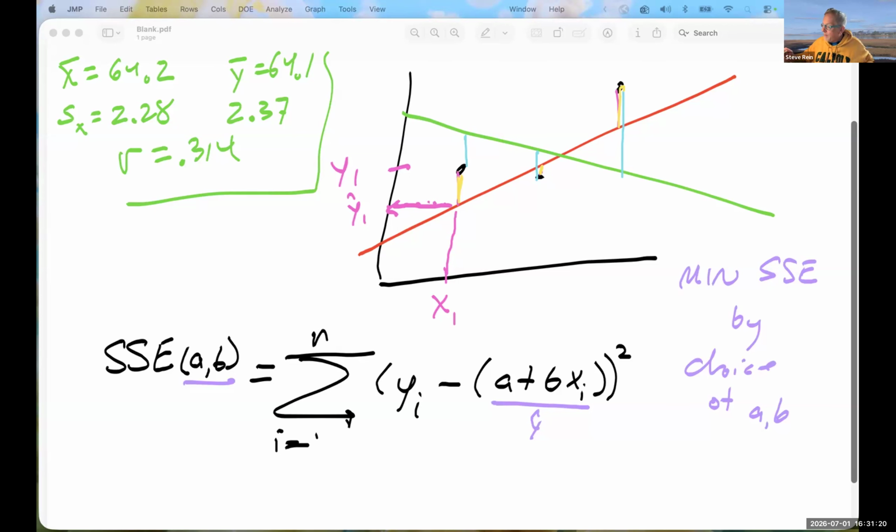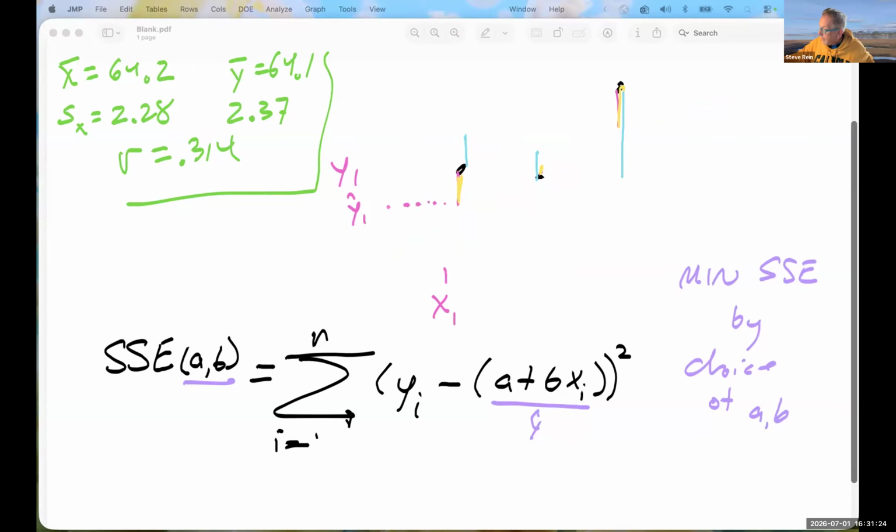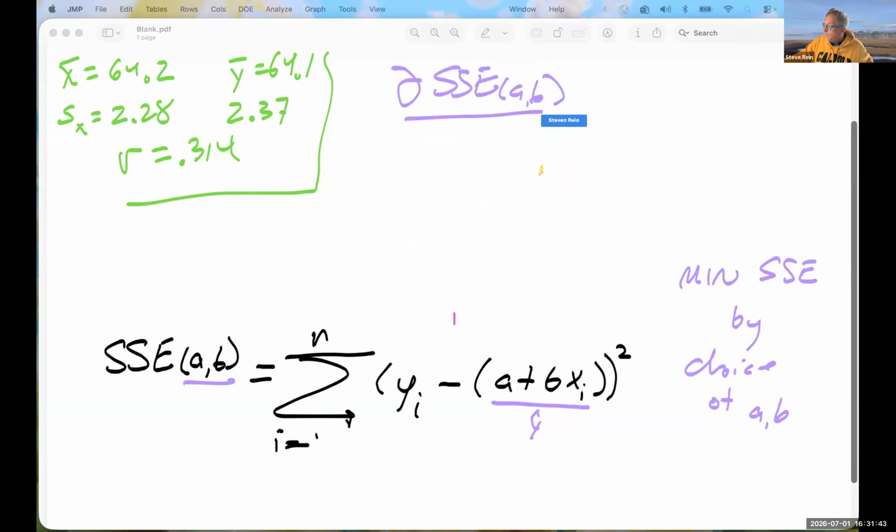Okay, so what I'm going to sort of say, and maybe I'll eliminate my graph here because I can, and then I can finish up the math in a conceptual way. What we want to do is take a partial derivative of SSE, which is based on A and B, with respect to A, set that equal to 0.